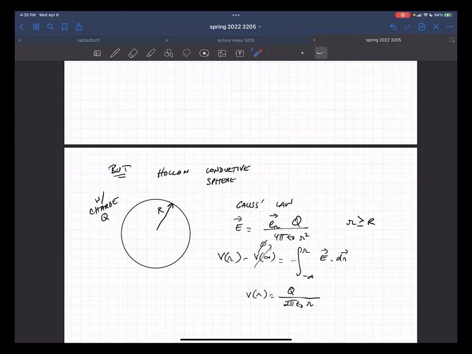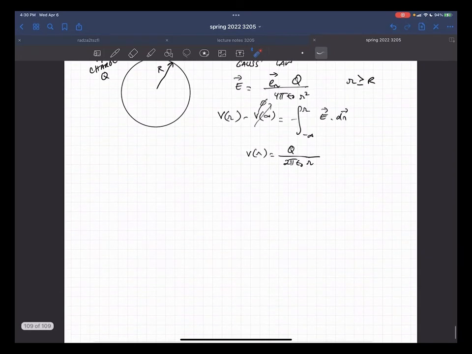But because we have Gauss's law, it's so easy to get the electric field, and then we can get the potential from the electric field.